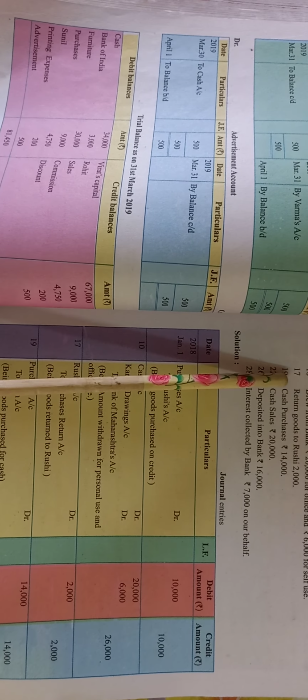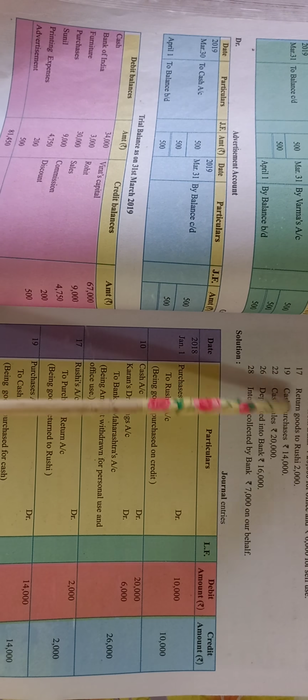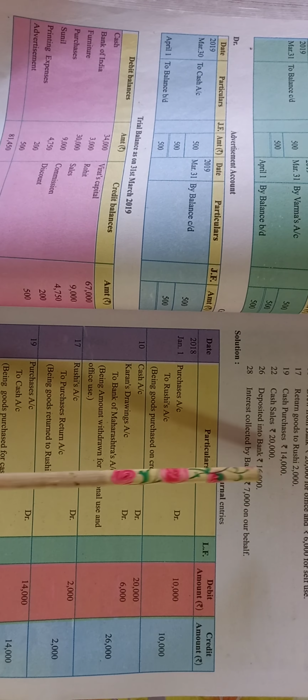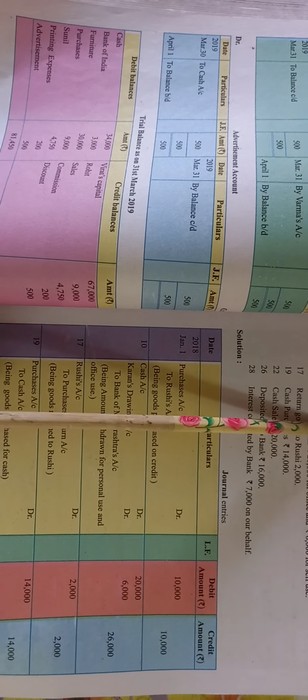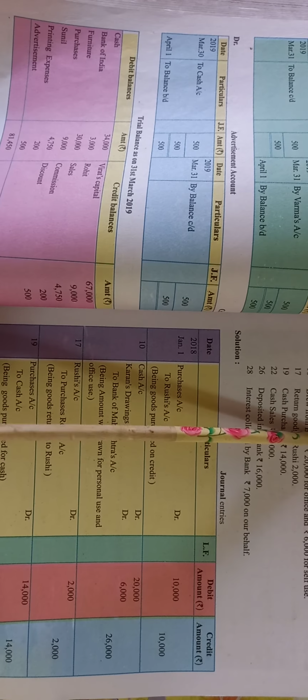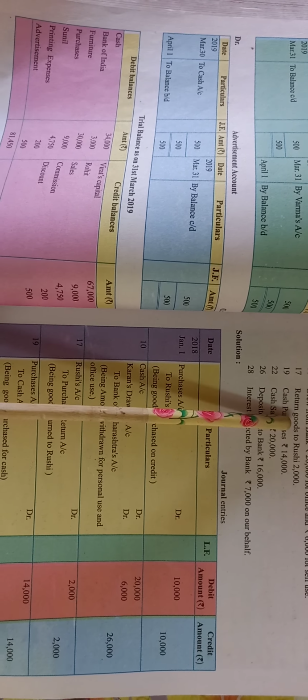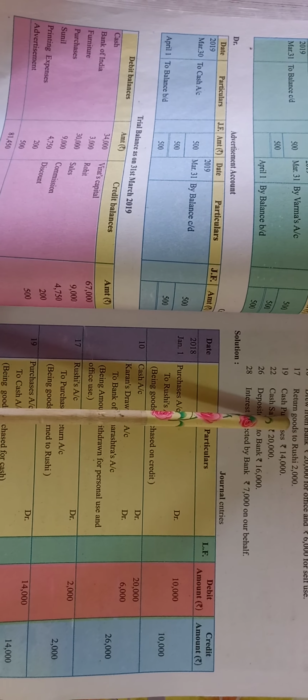After that, 17th January transaction, returned goods to Rishi rupees 2,000. Goods of 2,000 were returned to Rishi. The first transaction was the purchase. Then another 17th date transaction, goods return, that is purchase return.